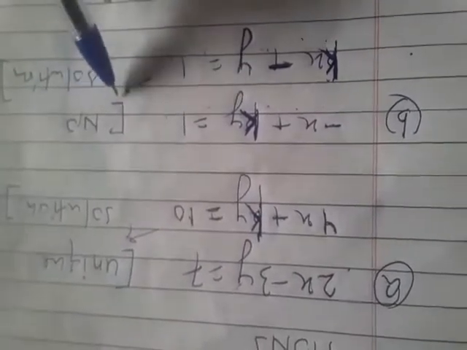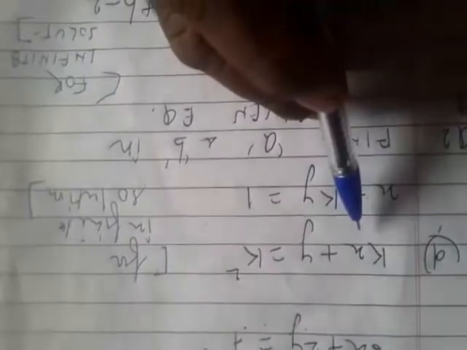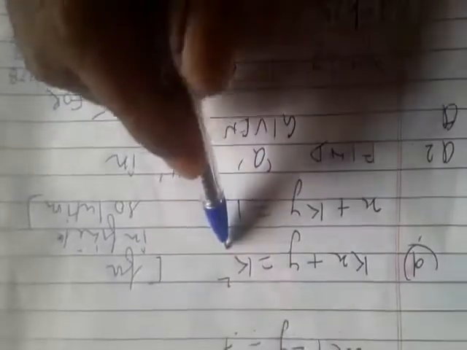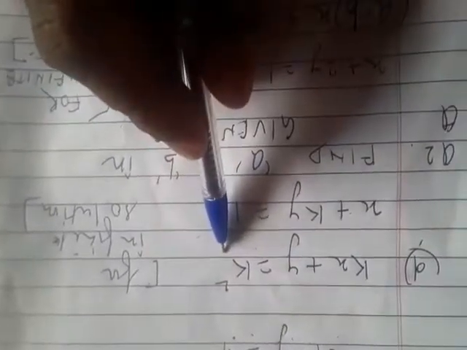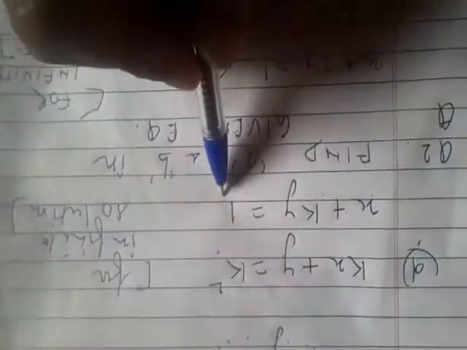The third question is kx minus 4y is equal to 2k plus 1 and 6x plus 2y is equal to 7, again for no solution. And the fourth question is kx plus y is equal to k square and x plus ky is equal to 1 for an infinite number of solutions.